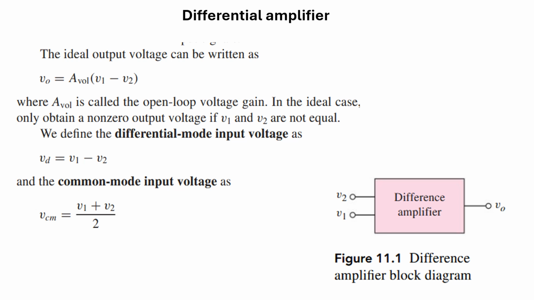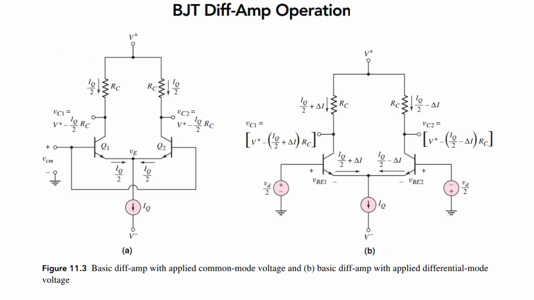VCM and VD are both input voltages only. The difference is that VD represents the differential mode input and VCM represents the common mode input. Common mode means both the inputs are common. And V out represents the amplified output voltage, that is the gain times the input voltage.